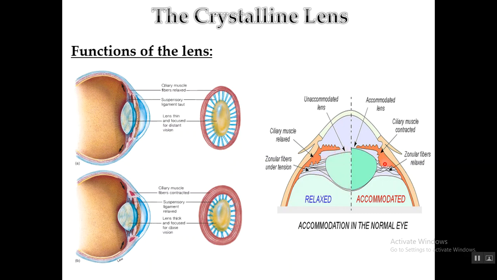But when the ciliary muscle contracts, the suspensory ligament or zonular fibers relax, and this will increase the convexity of the lens, or increase its power. Okay, this is the function of the lens. So the functions of the lens: number 1, refractive medium; number 2, accommodation; number 3, absorb ultraviolet rays.